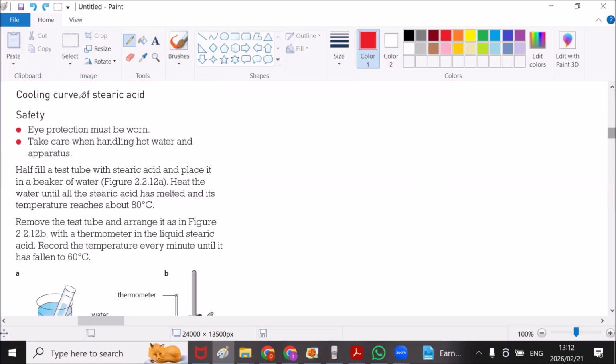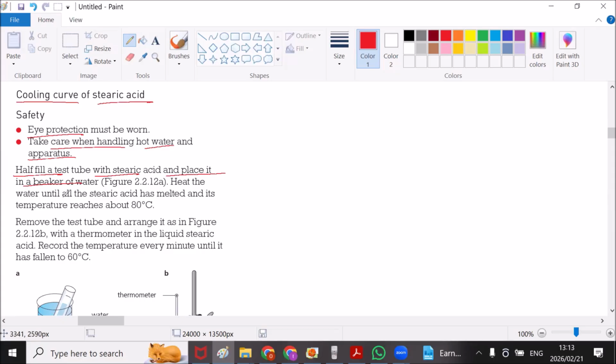Let's look at this experiment on the cooling curve of stearic acid. Safety precautions: use eye protection and take care when handling hot water and apparatus. Procedure: half-fill a test tube with stearic acid and place it in a beaker of water.